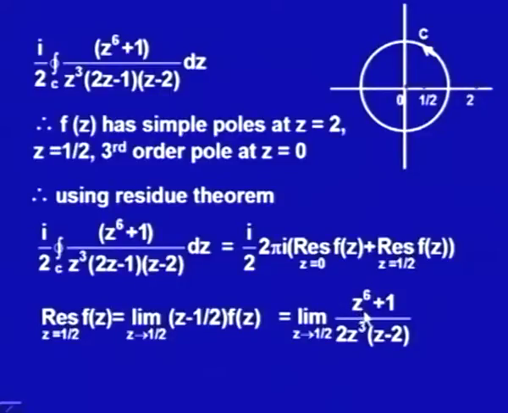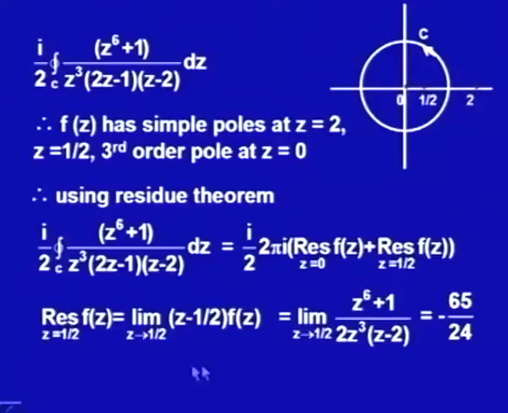So, 2 to the power 6 is 64 plus 1 is 65 upon 2 to the power 3, that is 8, into minus 3, that is minus 24. So, what we are getting is minus 65 upon 24.